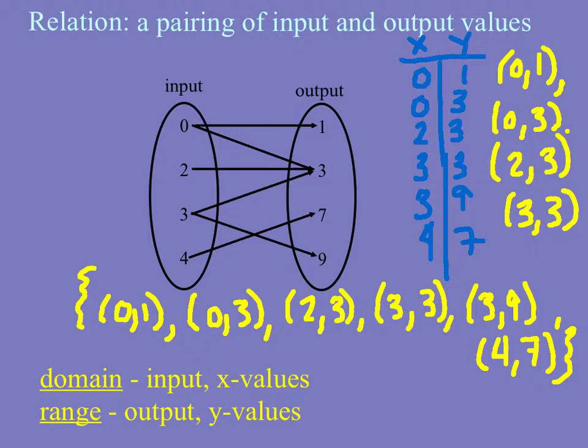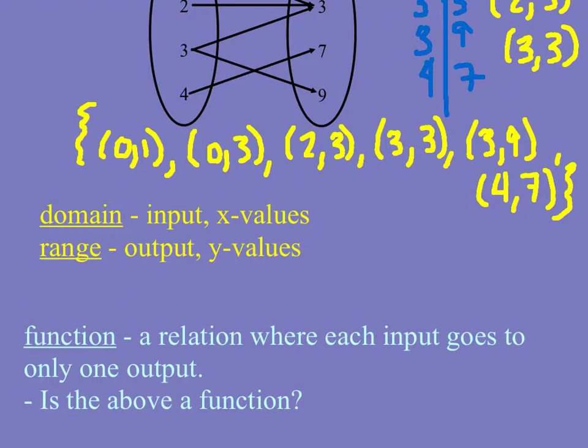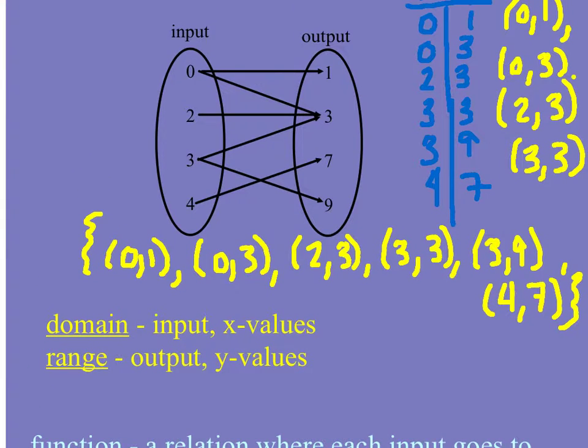Now, some of our vocabulary, we have down here domain. Domain is our input values. So you'll see that right there, input values or our x values. It's that collection of those. So if we go back and look at our mapping diagram, all of these right here are part of our domain. So the domain for this example would be 0, 2, 3, and 4.